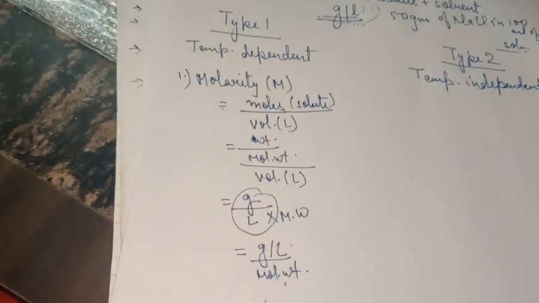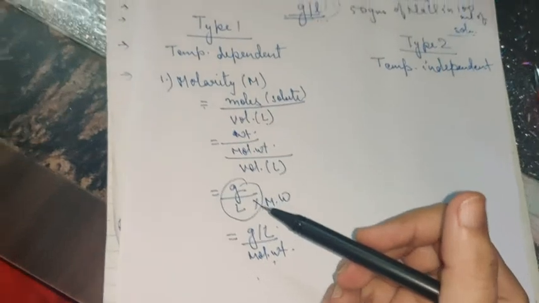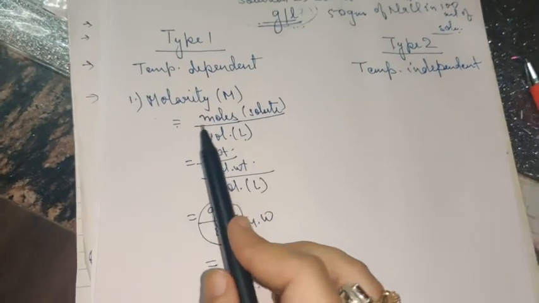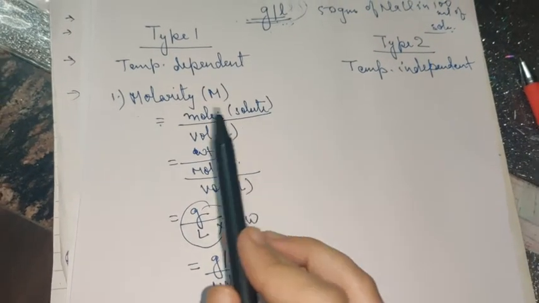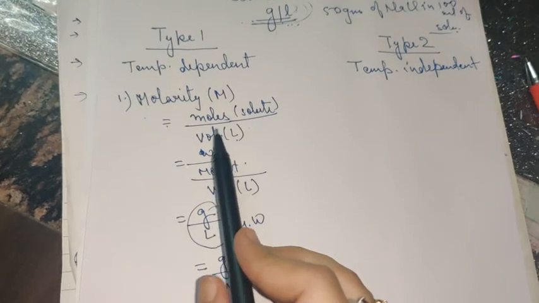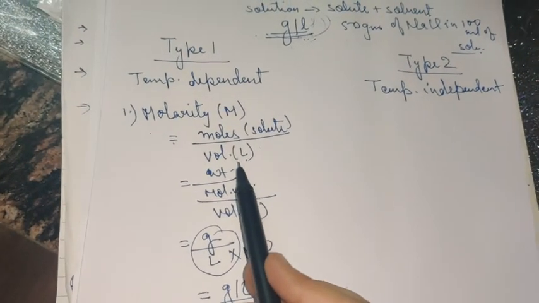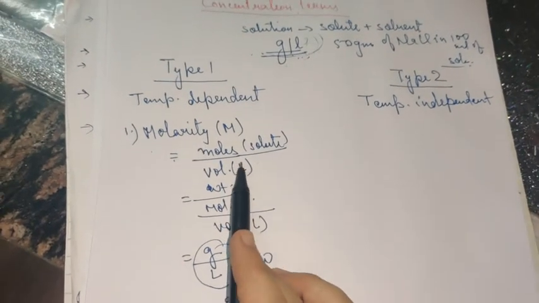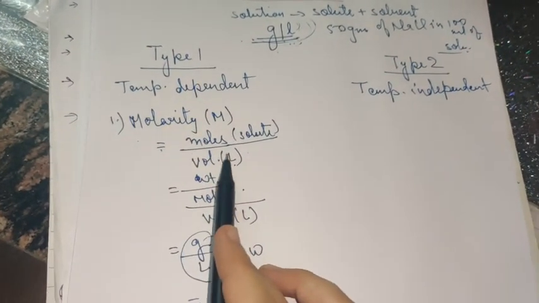Now in this case also, children, you can see that volume is involved in the concentration term. This is the trick that you need to know. Whenever you see that in any concentration term volume is involved, that means that particular concentration will depend upon temperature.